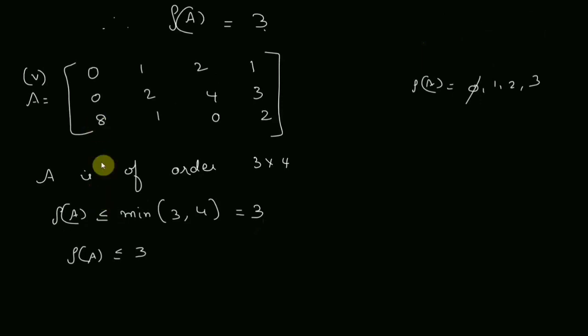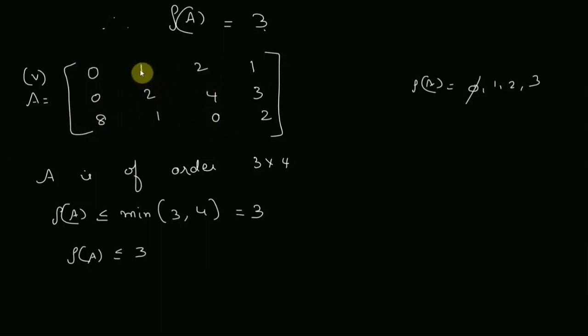So you have to start from 3, the highest order. We have to check whether the rank is 3. There are so many 3 by 3 minors here. We have to check whether at least one non-zero minor exists. For that, you can take any 3 by 3 minor. It is very clear the first 3 by 3 minor, if you take it, will become 0.